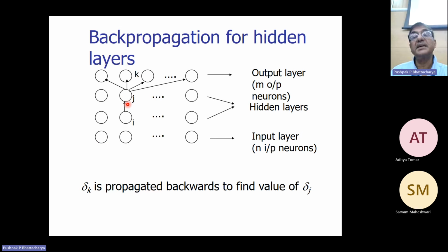Notice that net j does not directly contribute to the loss. It contributes to the loss through the output of the jth neuron, and that output forward propagating to the outermost layer. The error is observed in the outermost layer, but from the hidden layers a little bit of error gets accumulated and contributed to the outermost layer.